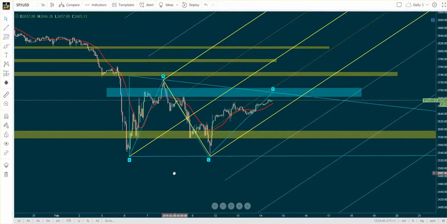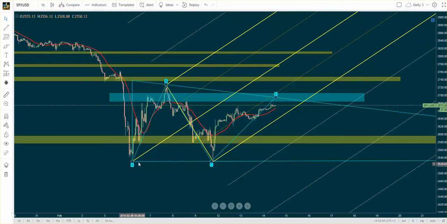So if we go to shorter time frames, as you remember, last time we met was somewhere around here. We said that if price starts doing something like this, zigzag, zigzag, then we had one zigzag up. Now we had another zigzag down.